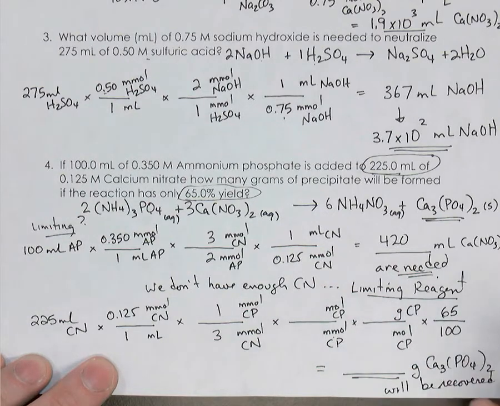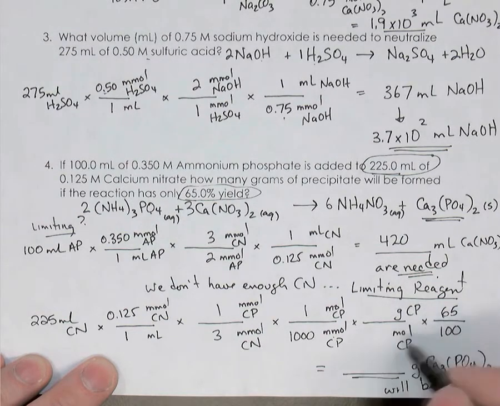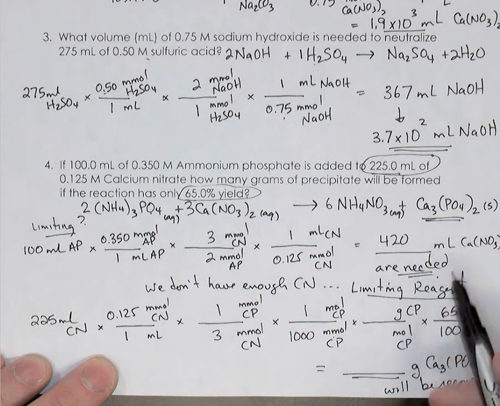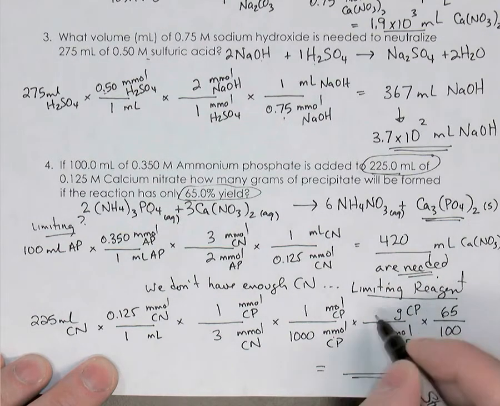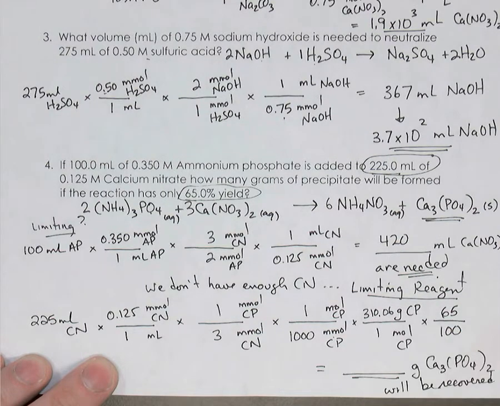In 1 mole, there's going to be 1,000 millimoles. And then using the molar mass of calcium phosphate from a periodic table, there's 310.06 grams for every mole. Alright, so if you go ahead and multiply through all there, you're going to find out that there's 1.89 grams of calcium phosphate that can be recovered.